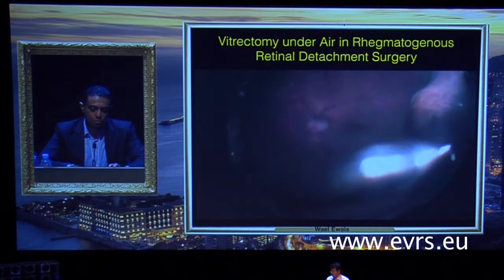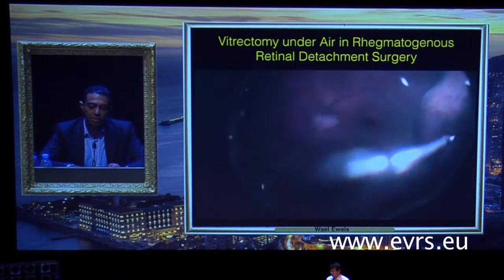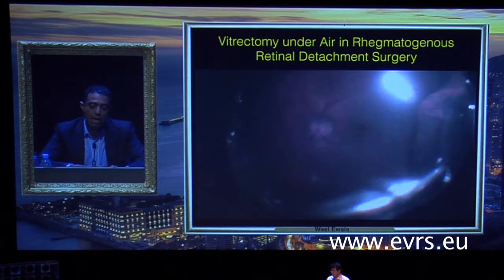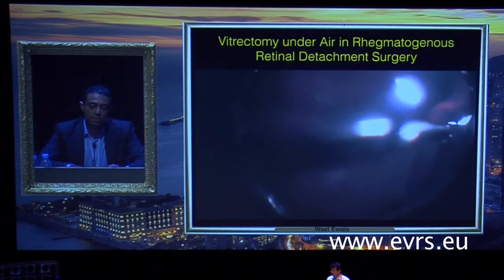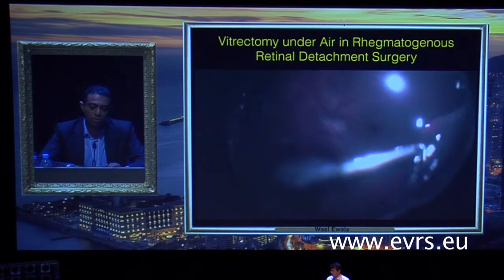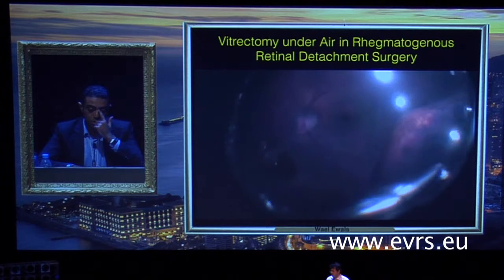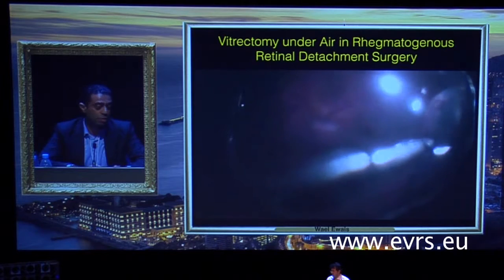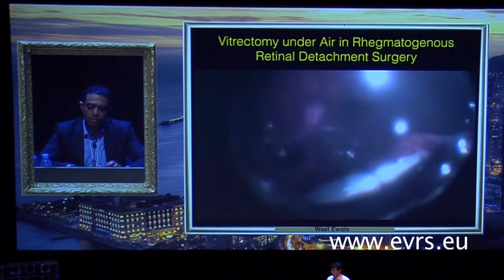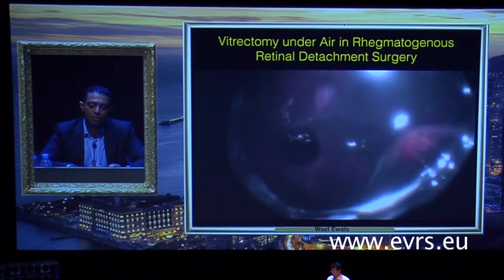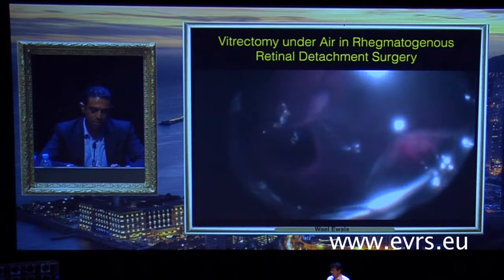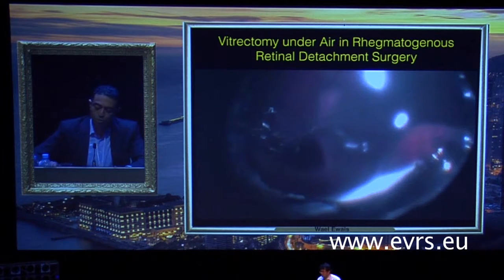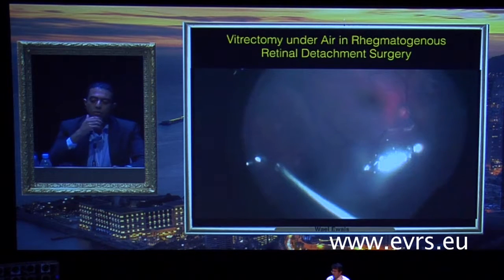I don't need to lower the vacuum settings to be able to work at the periphery. Of course, since it's possible for me now to cross the ora serrata line, especially at the areas of the trocars and the cannula, to make sure that the vitreous has lost all connections. It is not just completely removed, but it lost connections at the trocar site.